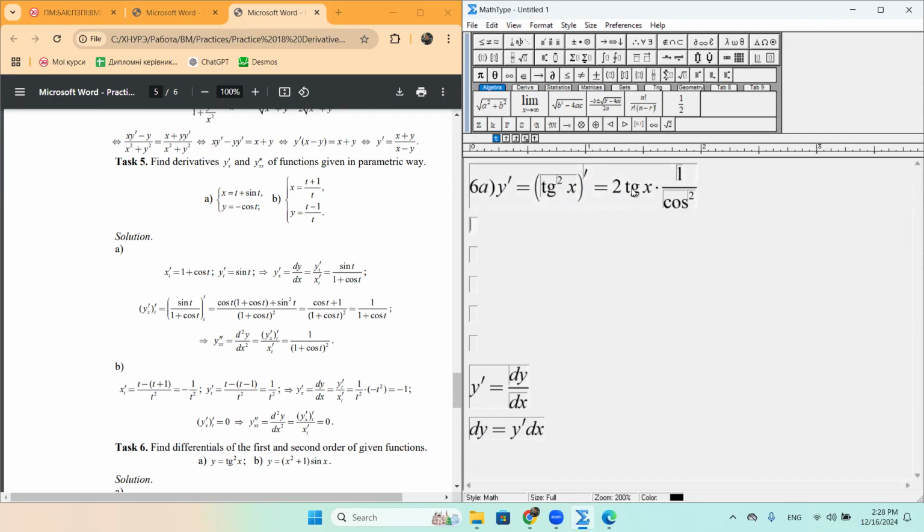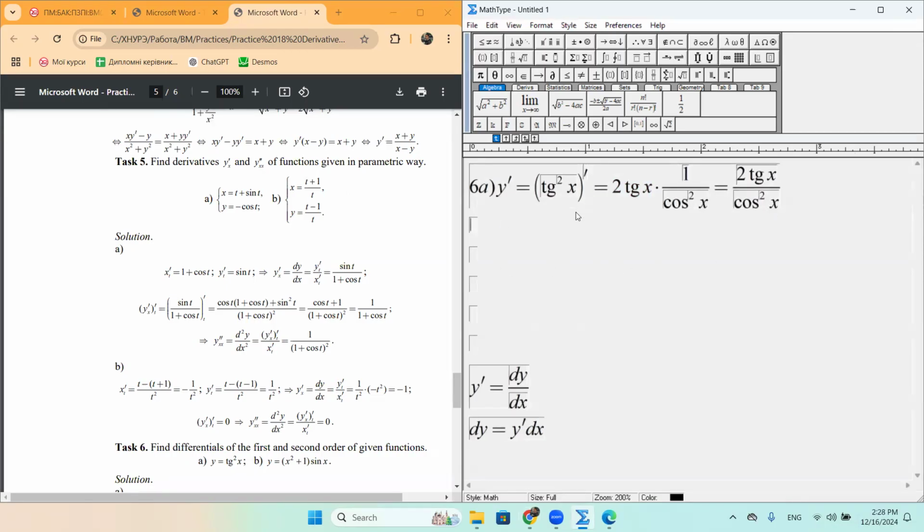Okay. Yeah, and let's simplify. So we write it like a fraction. And the last argument of cosine, that is not good.